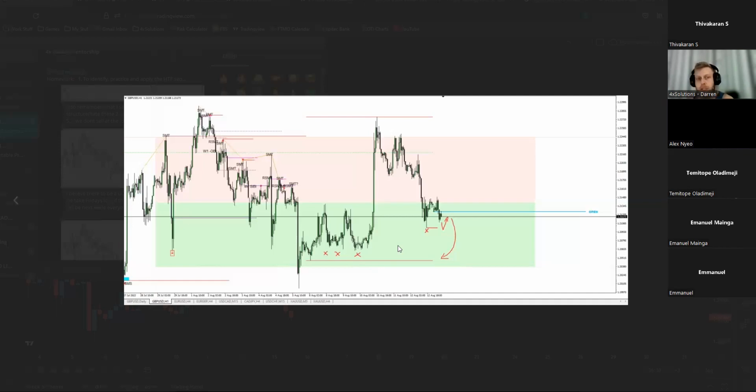Okay, I'm speaking from a hypothetical scenario, Tivakaran. Not that I would want to buy it, because I would be bearish and I'd only be looking for sells personally. But if I was trying to buy for intraday or a New York retracement, or just buy into tomorrow to sell for the rest of the week, this is potentially the area of price action I would look to attach a buy order to, because there is sell side liquidity over here.